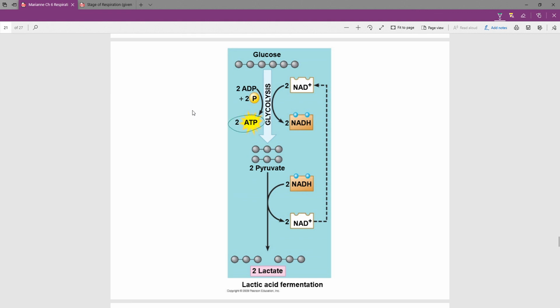And so what lactic acid fermentation does is just recharge what's required for glycolysis, this precursor to the energy intermediate, so that we can keep pumping out some ATP. And the byproduct of that is lactate or lactic acid. And it's what you feel in your muscles when you run up the stairs because you're late for class or run for the bus or whatever it is.